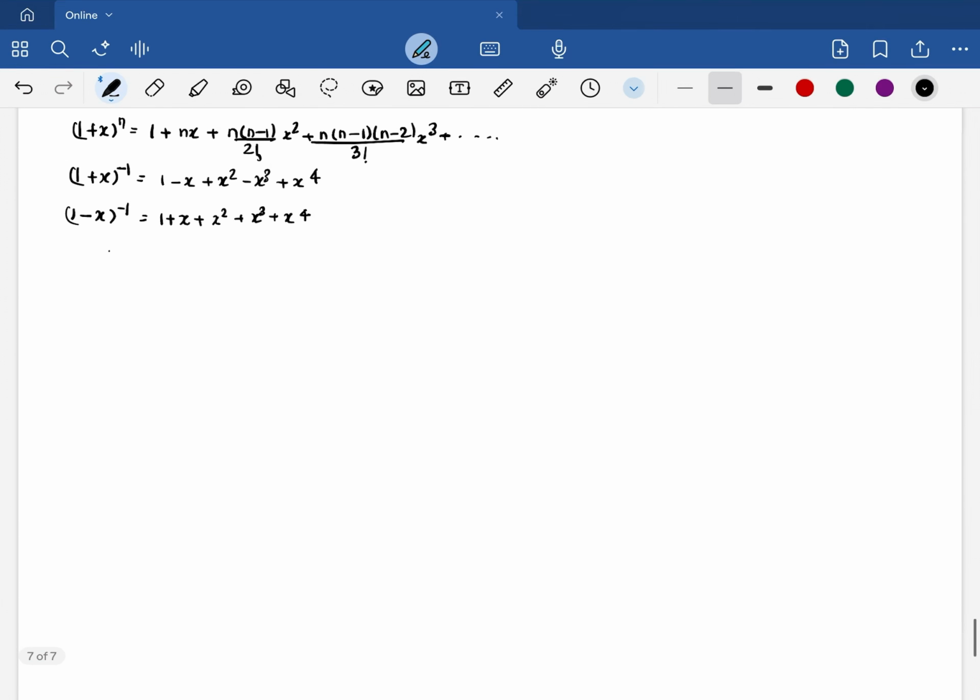And the expansion of e to the power x is 1 plus x plus x square upon 2 factorial plus x cube upon 3 factorial and so on.